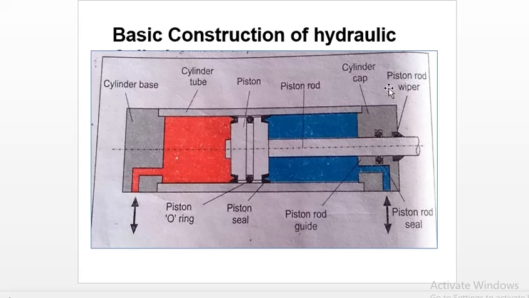So for cleaning purpose the piston rod wiper is used. Piston rod seal is there to prevent the leakage during the operation.